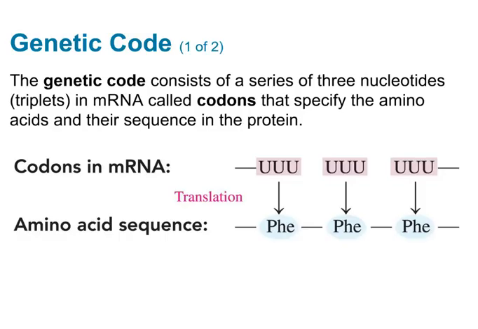So these are mRNA codons. In this case, the codon UUU encodes the amino acid phenylalanine. You can see that the codons do not overlap.